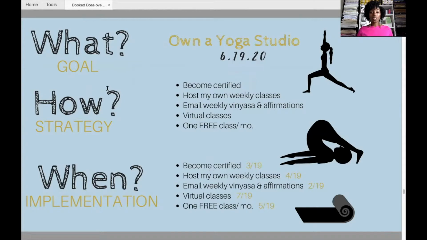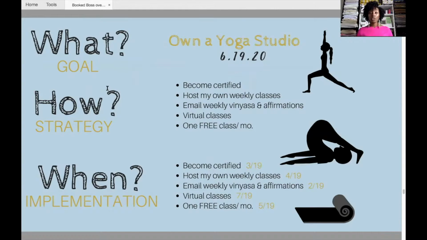My strategy is going to be, in order to do this, to become certified in teaching yoga so that I can host my own weekly classes. I can email out weekly vinyasas and affirmations to those people that I have asked them to click the link in my bio and join my email list for my email capturing platform, okay?